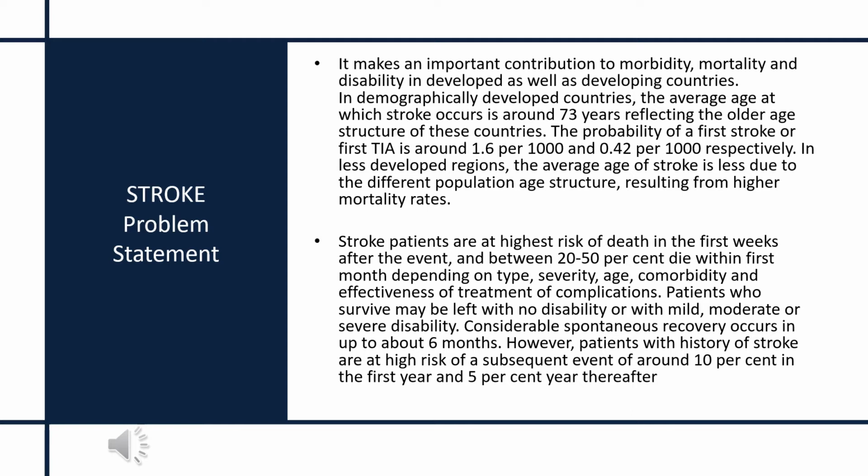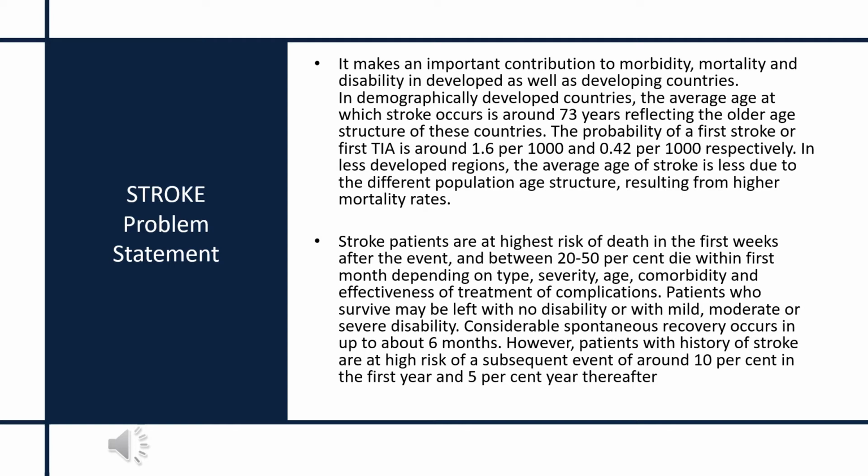Also, the probability of a first stroke or first transient ischemic attack is around 1.6 per 1000 and 0.42 per 1000 respectively in developed and developing countries. So you can guess from this that the probability of a first stroke or first TIA is a bit higher in developed countries.